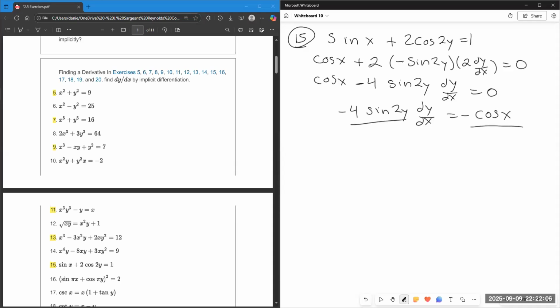Divide everything by a negative 4 sine 2y. We get dy dx is, negative and negative make a positive, cosine of x divided by 4 sine of 2y.